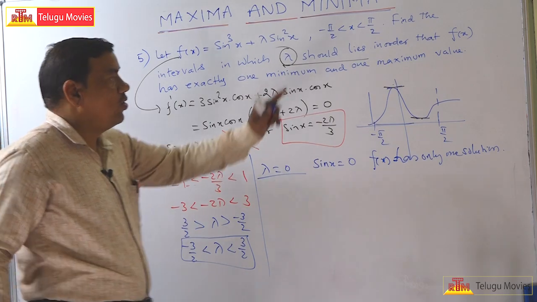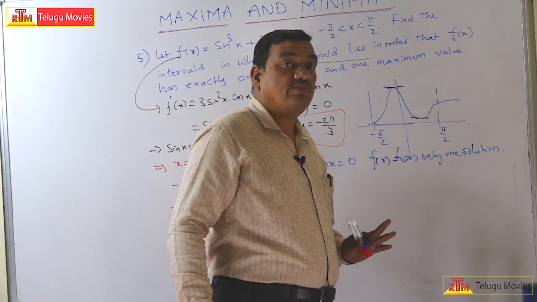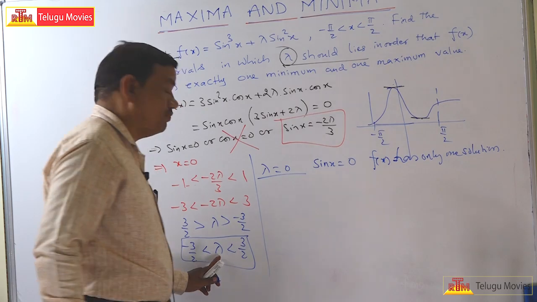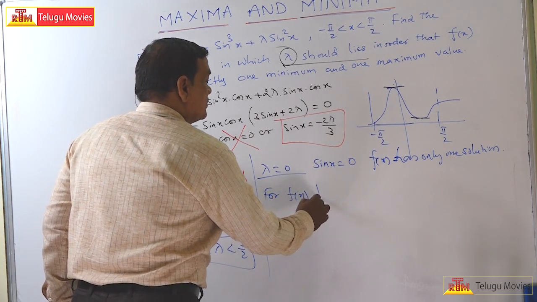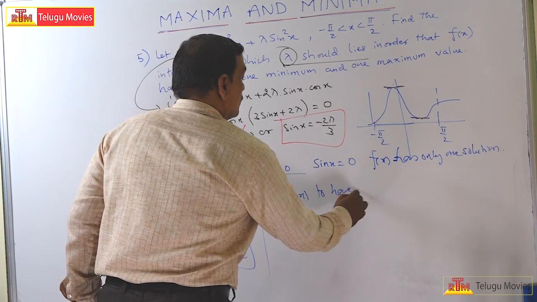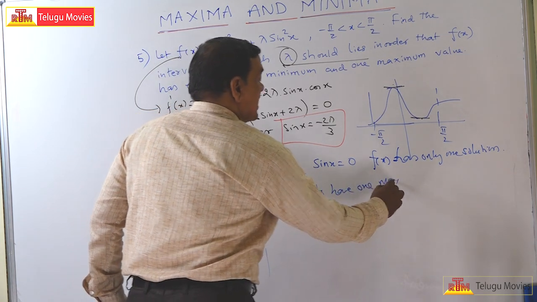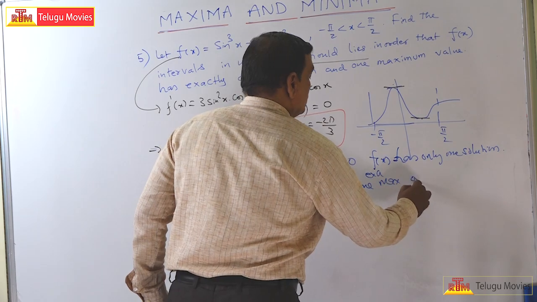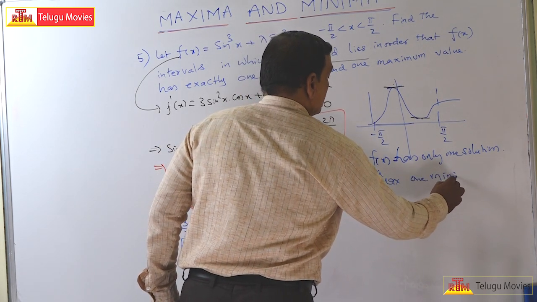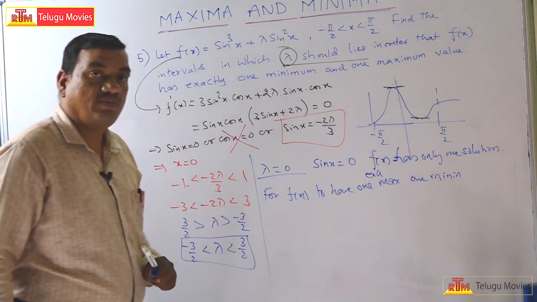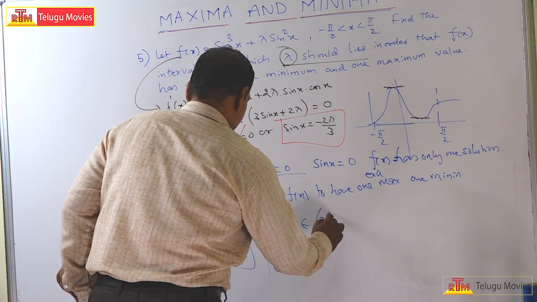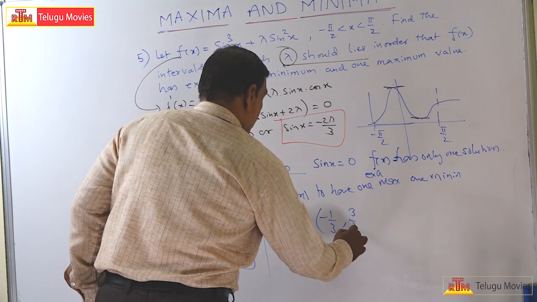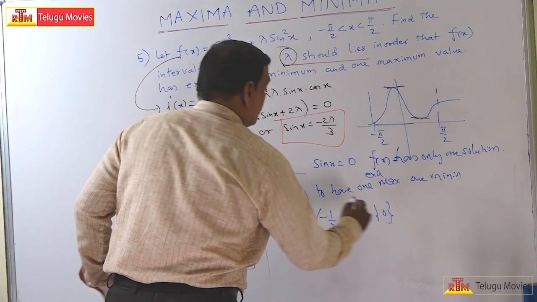Understand? For f of x to have exactly one maximum and exactly one minimum, your lambda should belong to minus 3 by 2 to 3 by 2 except 0. Why?